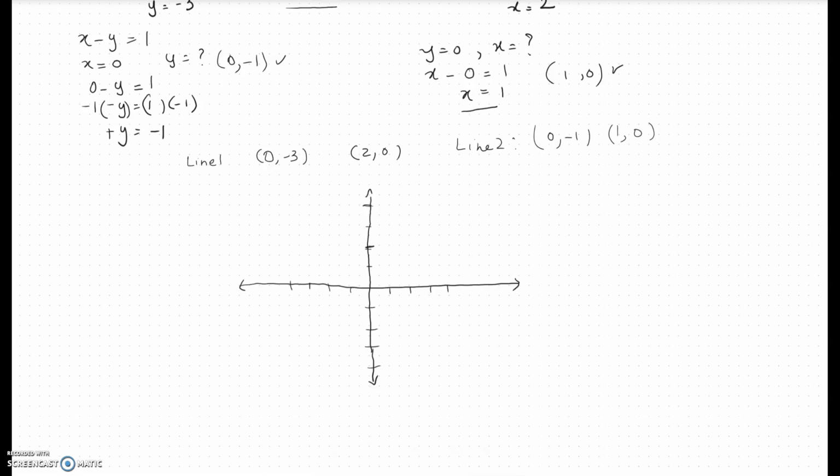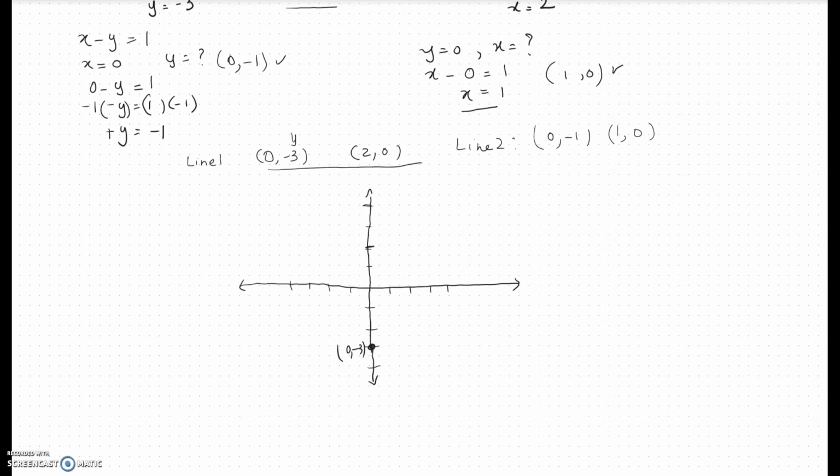So I made the coordinate axis. So now I'm going to plot line 1. So first the point 0 comma negative 3. So x is 0. Go down because this is y. It's vertical. Go down because it's negative. And this is 0 comma negative 3. 2, 0.